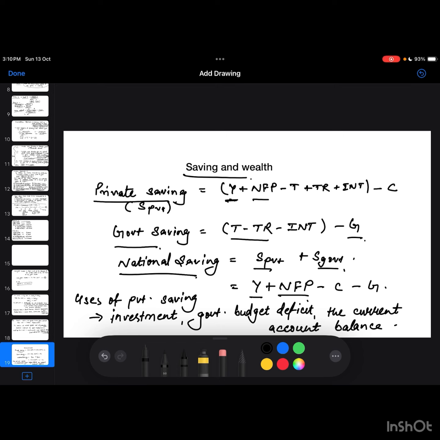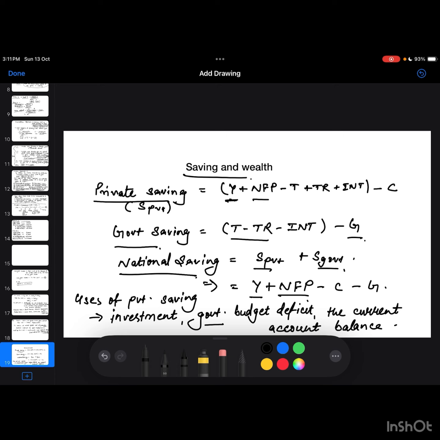Now this is the national saving, and saving can be used for investment purposes. Okay, so now the private saving can be used for investment, to invest in any business or any kind of new venture, and it can also be used to finance the government budget deficit.